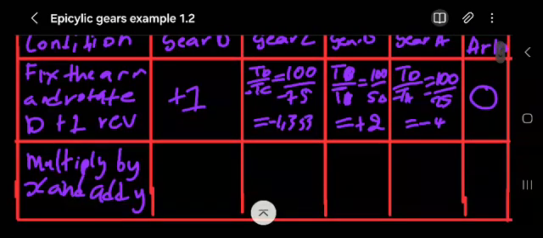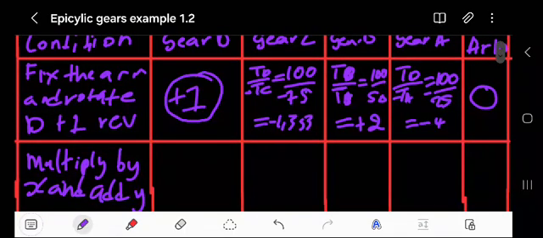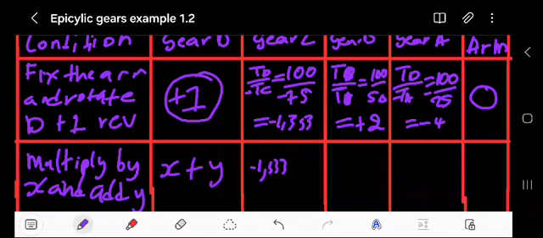So 1 multiplied by x will be x, then you add y. Minus 1.33 multiplied by x will be minus 1.33x, then you add y.